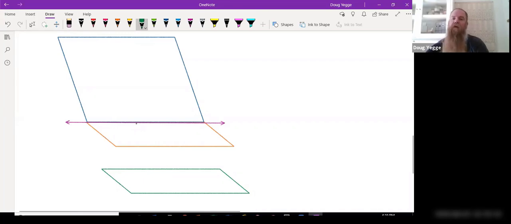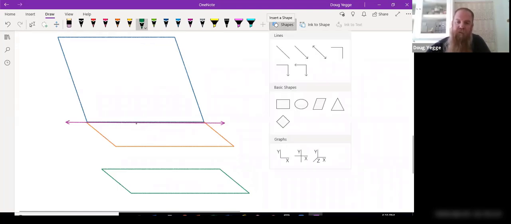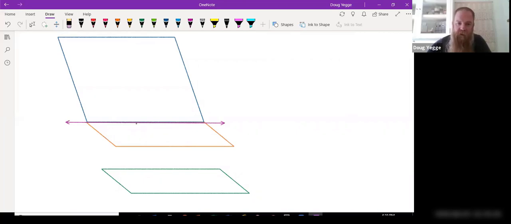Now, what I do want you to recognize here is that the orange and the green planes are parallel, but they're only parallel because their normal vectors are parallel. So let's just say that I take a point right here in the orange one, and then I look at its normal vector.